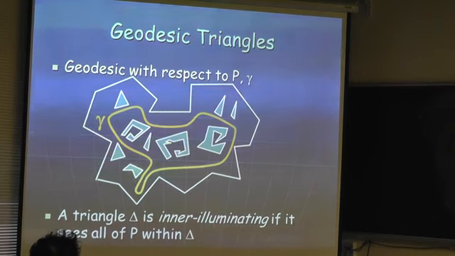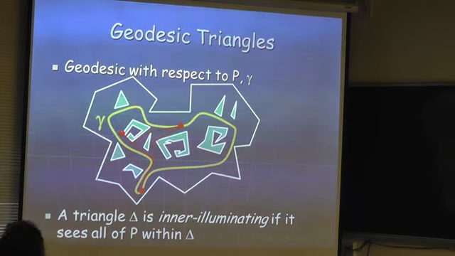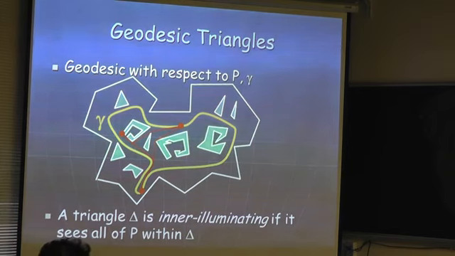We say that a triangle is inner illuminating if it sees everything within the polygon. But I'm talking about a geodesic triangle. So these are vertices A, B, and C, and I join them by shortest paths. The region bounded by that, all points within that, is called a geodesic triangle.